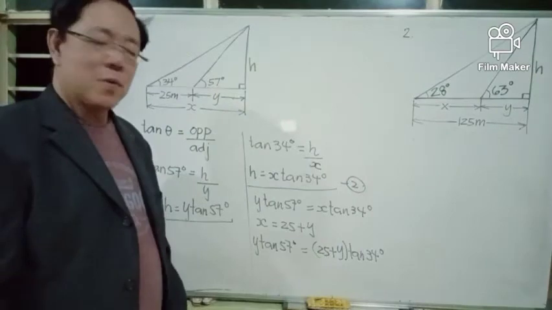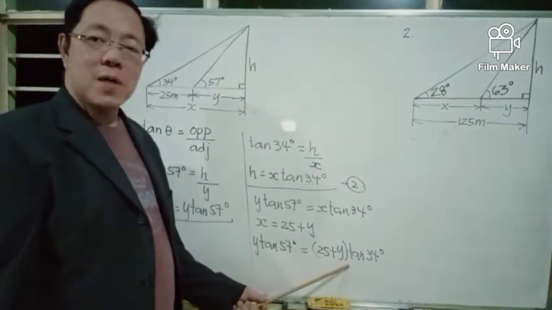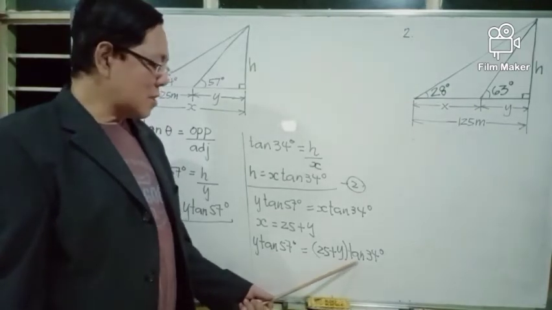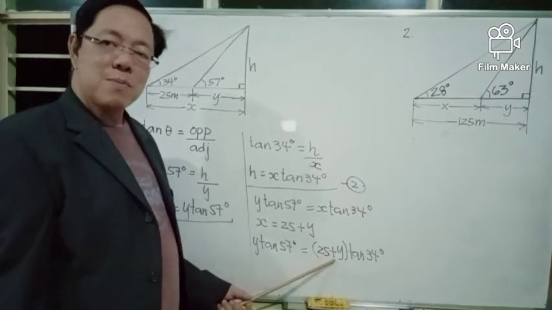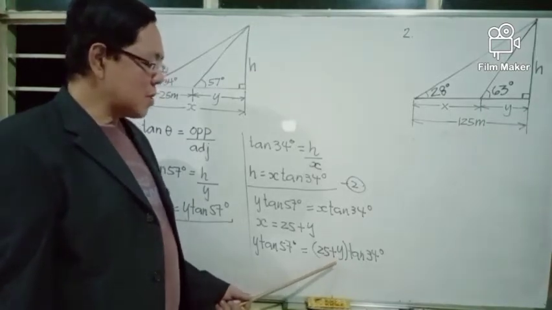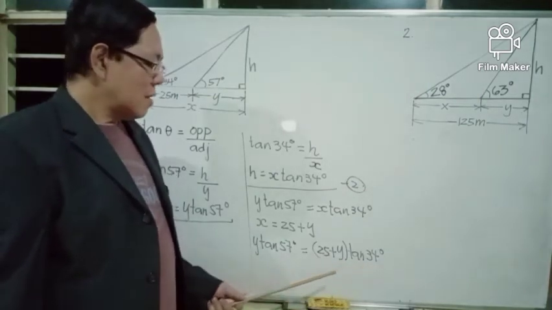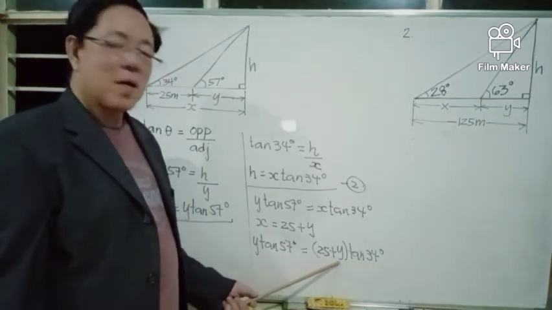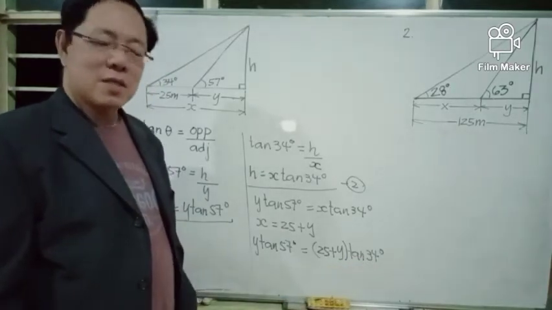And we solve for y from this equation. To the right hand side, we apply the distributive property of multiplication over addition by multiplying each term of this binomial by tangent of 34 degrees.